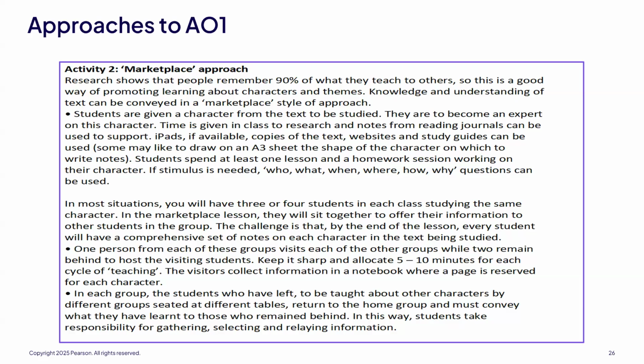And if you've got any ideas about teaching AO1, please pop them in the chat before we move on to AO2.